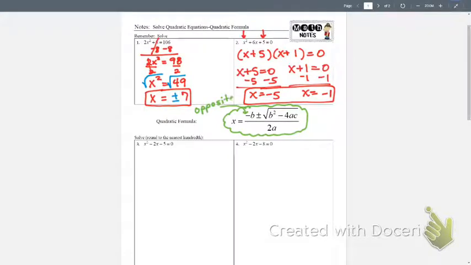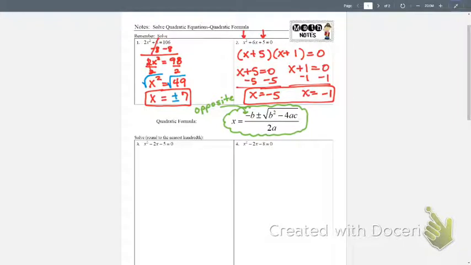So if b is 7, you're going to put a -7 here. If b is 6, you're going to put a -6 here. But if b is -8, then you would put a +8 here. Plus or minus always is going to be involved in your quadratic formula because you want to get two answers. The square root of b squared minus 4ac all over 2 times a.